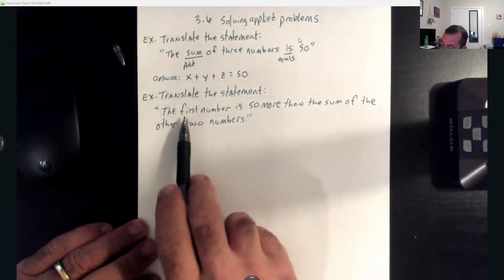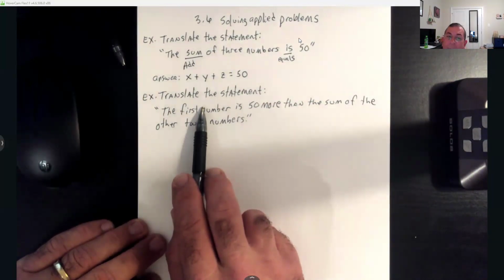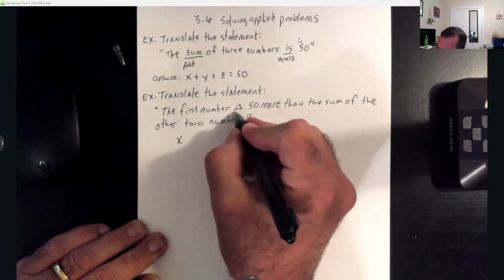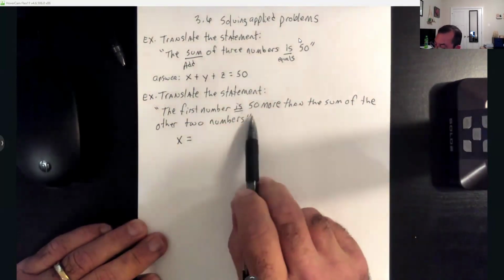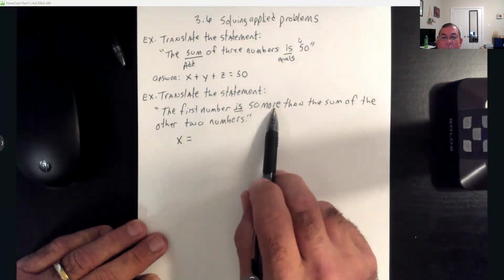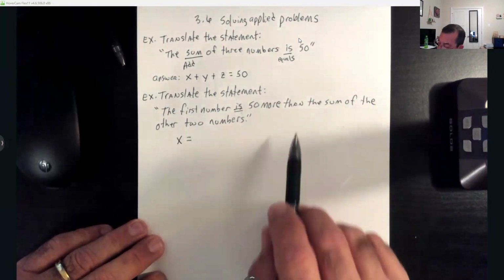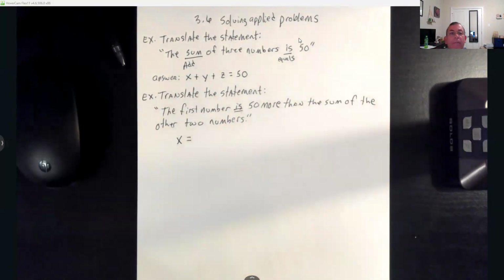Okay. So we don't know this first number. So I'm just going to call that x. And then remember, is means equals. And then it says 50 more. So remember, more means you're adding to it than the sum of the other two numbers.